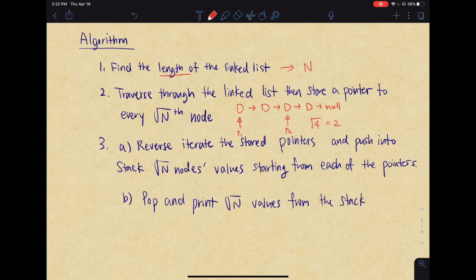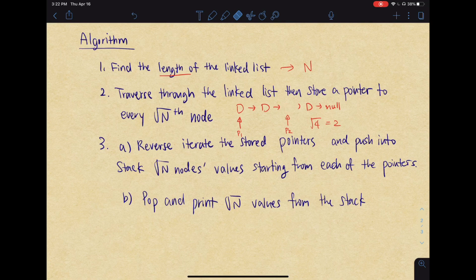So lastly, what we do is we reverse iterate the stored pointers. So in the above example, it's P1 and P2, and we reverse iterate it. So we start from P2, and then we push into the stack root n nodes' values starting from each of the pointers. So from the above example, we start from P2, and we push in root n nodes, so that's 2 nodes in this case.